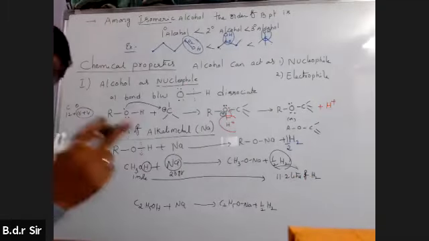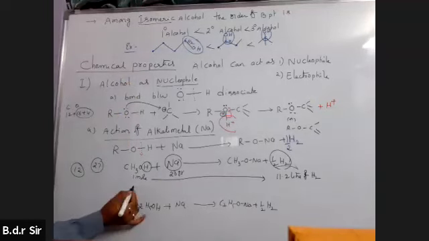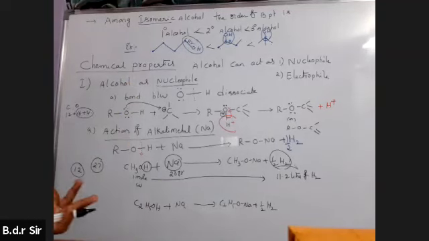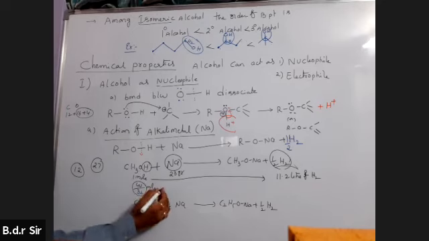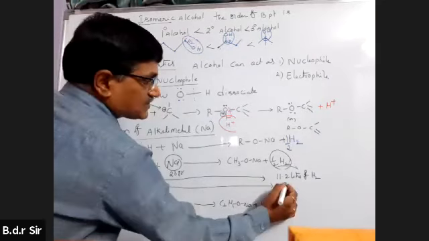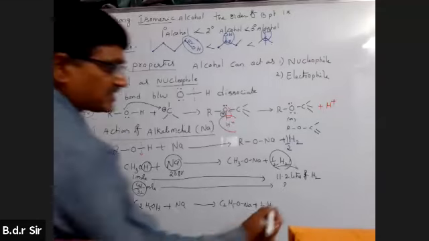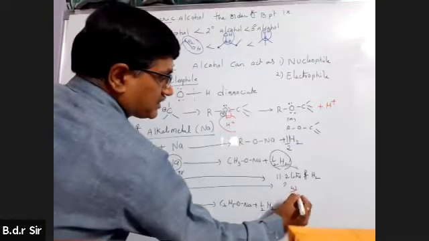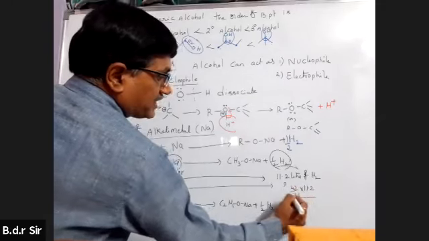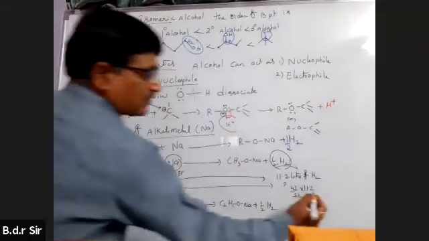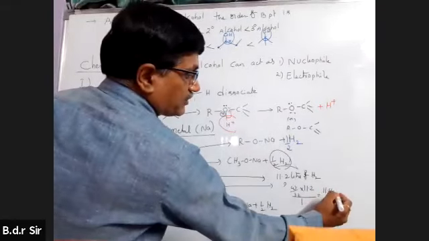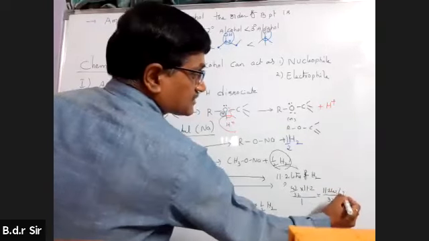In the question, the weight is equal, suppose W. We don't know the weight, so W by 32 moles, weight by gram molecular weight, indicates moles of methanol. How much volume of hydrogen does it give? Cross multiplication: W by 32 into 11.2 divided by 1, equal to 11.2 W by 32 liters.